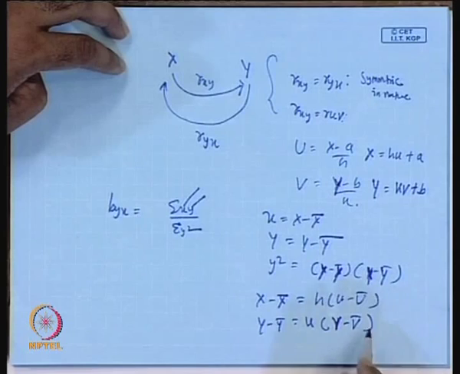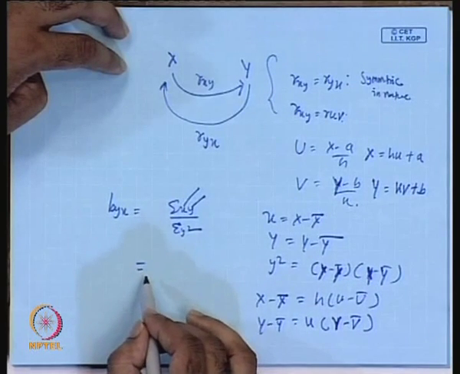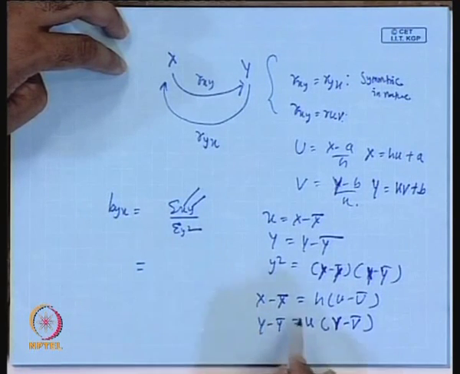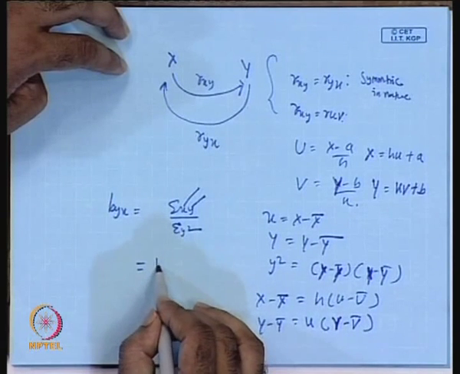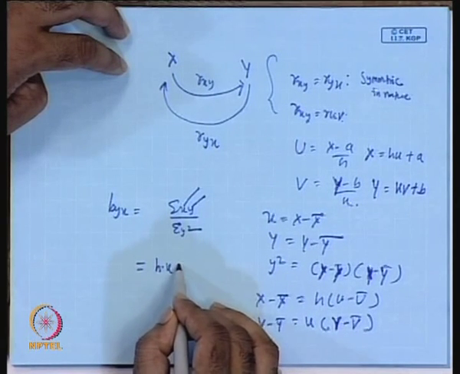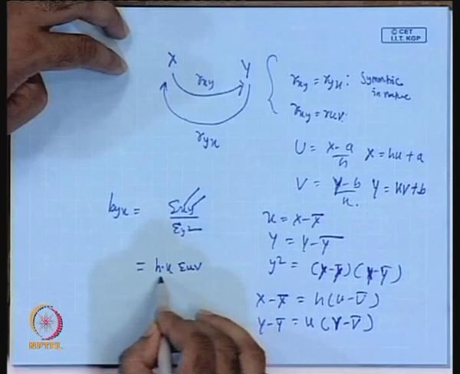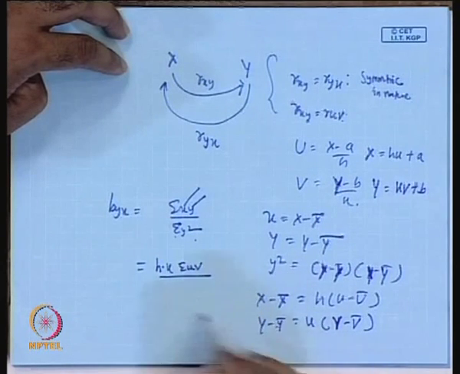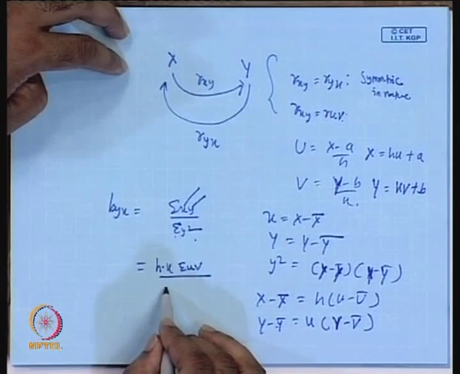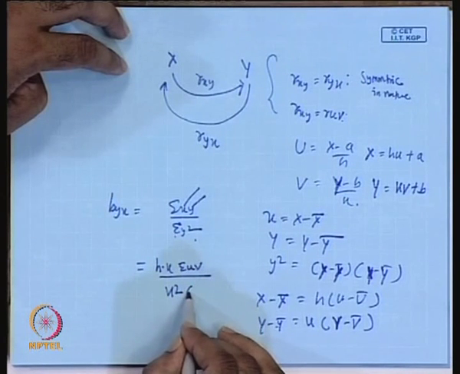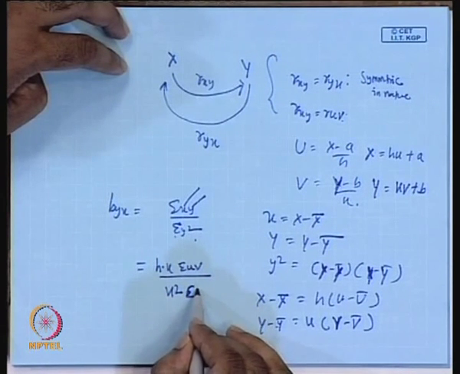Okay. So now if we simplify this, then summation xy is nothing but h into k summation uv, divided by summation u square, which means it is simply k square into summation v squares.